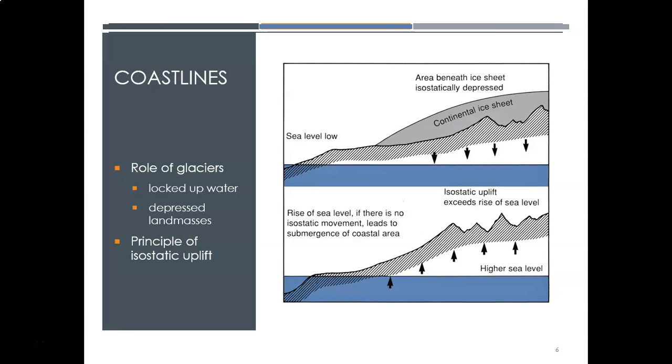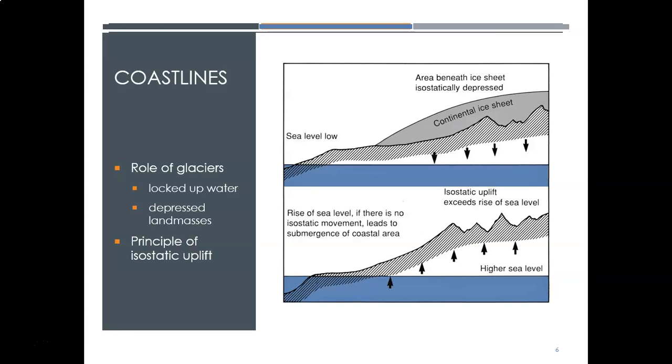Basically, the sea level was low. Yes, there was some depression, but basically what we're seeing is that parts of the coastline are now underwater because of deglaciation and the rise of sea level, and then that isostatic uplift, where the continents are uplifting again, means that archaeological sites along the coastline may be found underneath water currently.